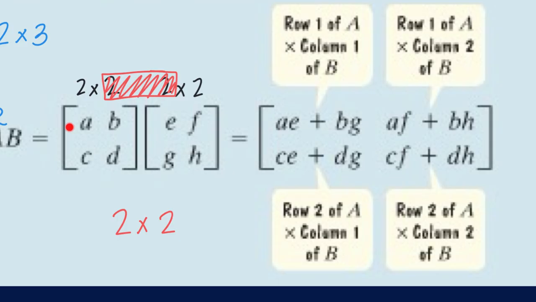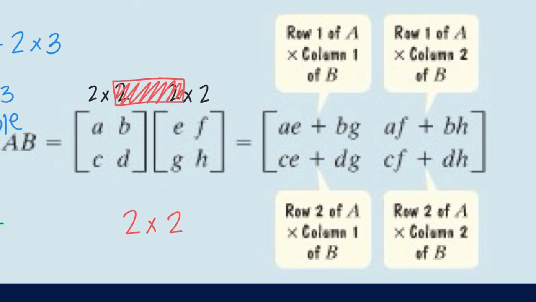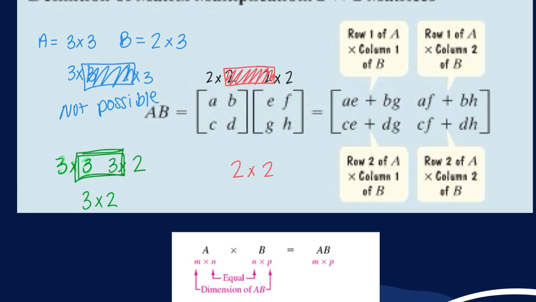A multiplies with E, plus B multiplies with G. So I did my row with my column. Then I do the same row with the next column. A will multiply by F, B would multiply by H. I know this looks confusing. It's going to be a little tricky, but once you find the pattern, it'll be a little easier.